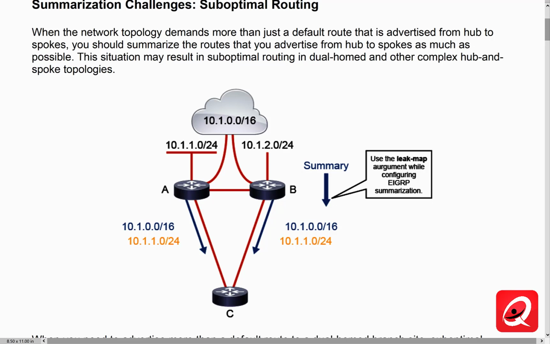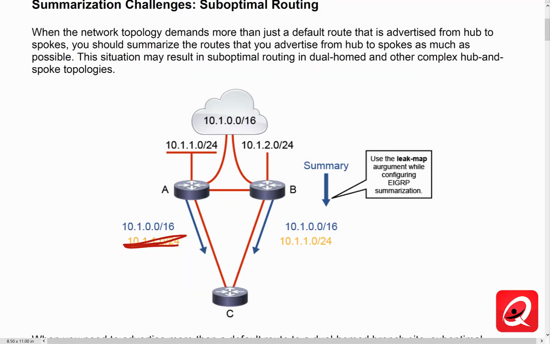So actually, the diagram is wrong because the idea is that we are going to summarize the 10.1.0.0/16 from both routers. They can both get to 10.1.0.0/16, no problem. This is not my diagram. This is Cisco's diagram, but we'll go ahead and fix it here because it'll make a lot more sense when we fix it.